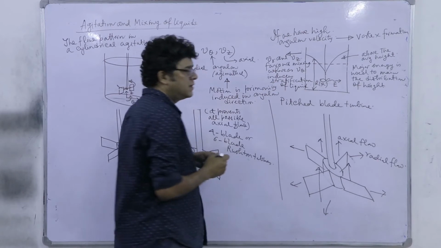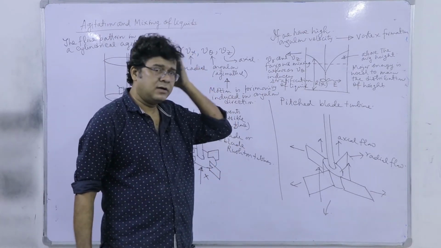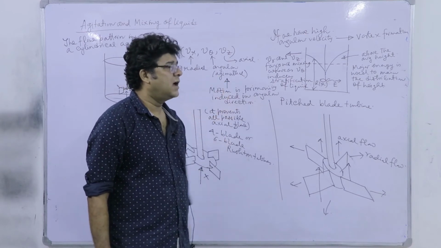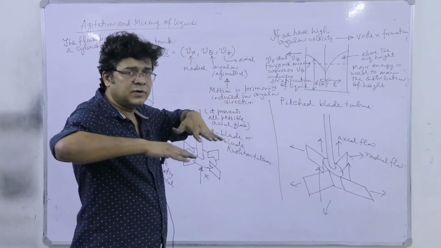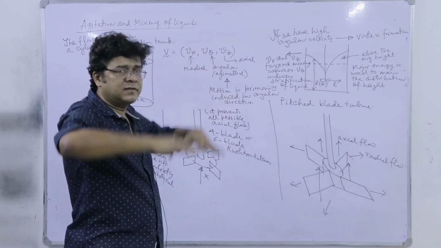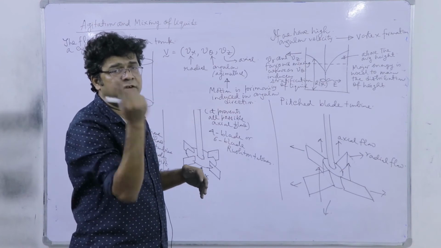What does it mean? If you have a high angular kinetic energy, that is V theta squared is much higher than VR and Vz, what will happen? This will stratify the liquid, arranging it in different layers, right, and these layers will not interact.